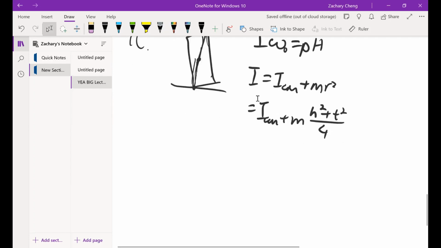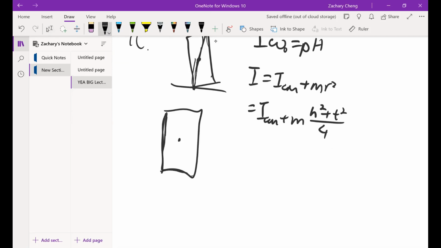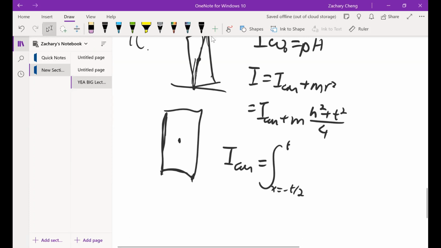And so now we just need to find I_CM, which is the moment of inertia for a domino or a rectangular slab like this. Okay. So this I_CM is equal to what we have to integrate. So let's say integrate x from negative t over 2, that's this width, to the other end, which is t over 2.